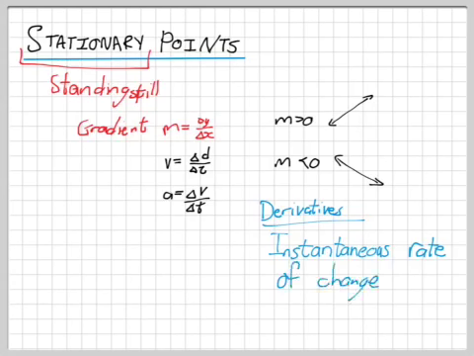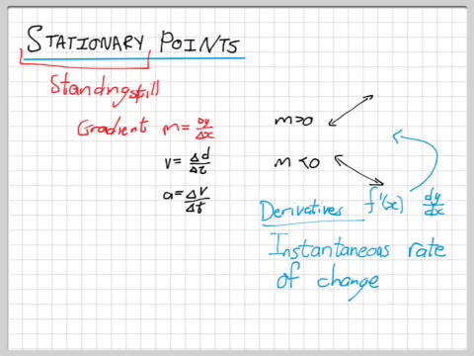So derivatives gave us rates of change at any point on a graph. Now, a derivative we always denote as either f accent of x, or if we worked with g, g accent of x, or dy over dx. Now, we are going to link this directly with gradients.